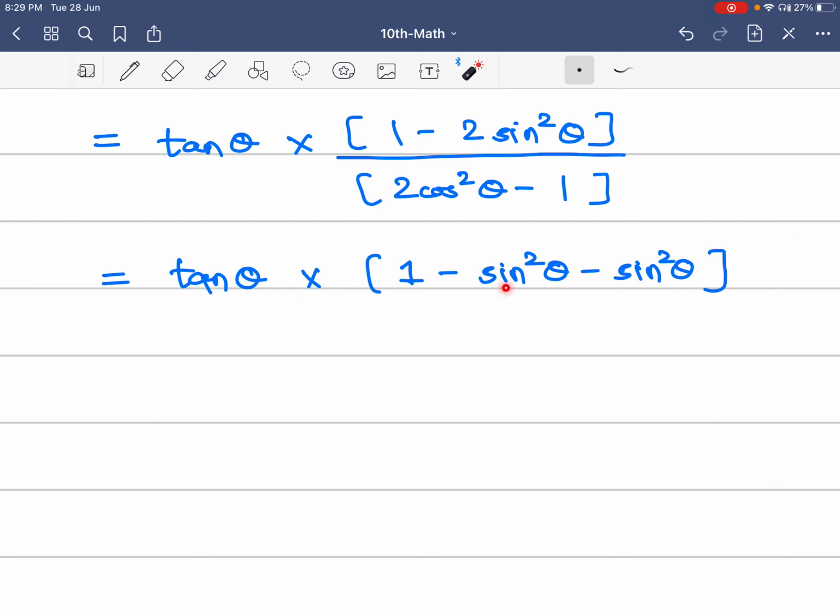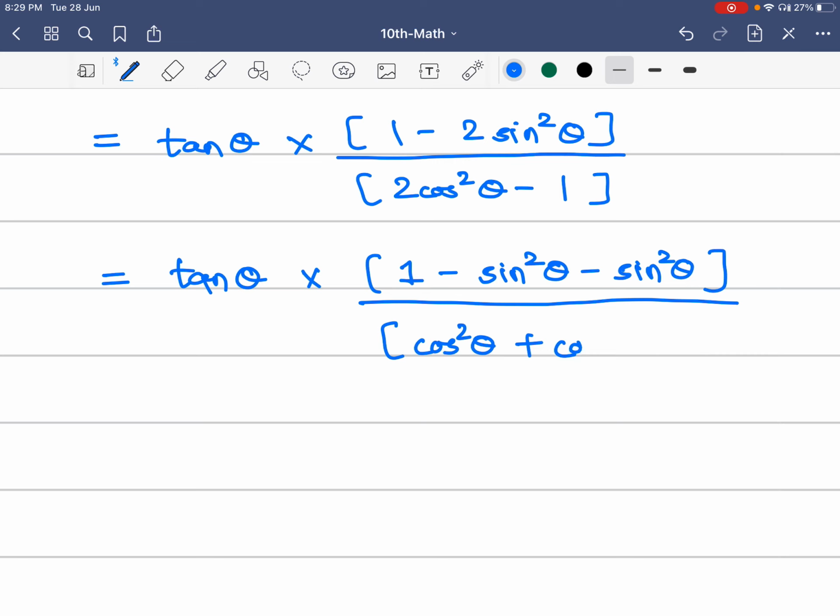And I'm going to do the same thing with the 2 cos square theta. I'm just going to split it as cos square theta plus cos square theta minus 1. Just splitting up the 2 sin square theta into sin square theta, sin square theta, 2 cos square theta into cos square theta, cos square theta.